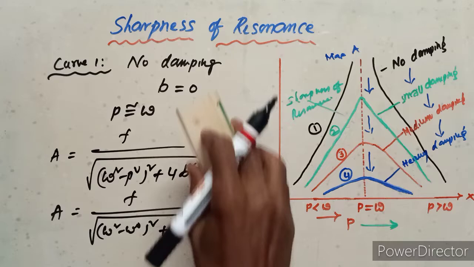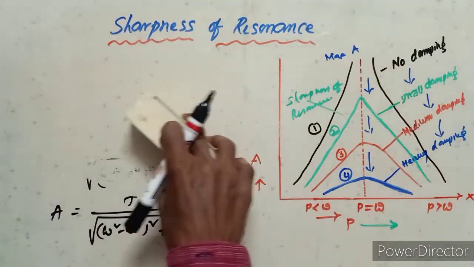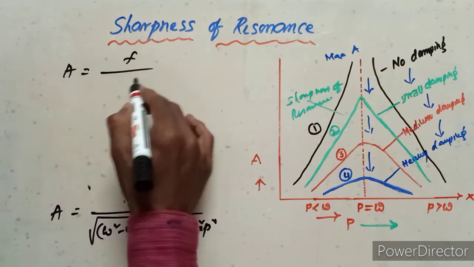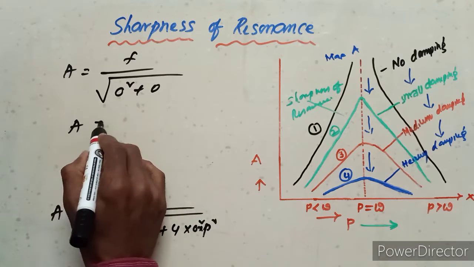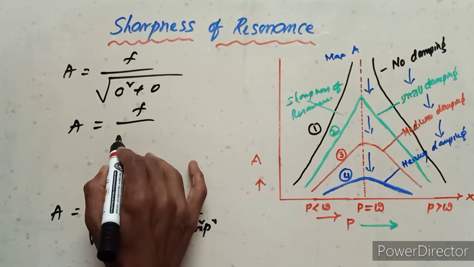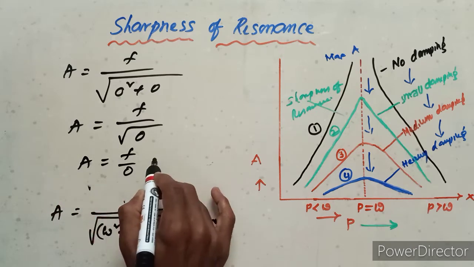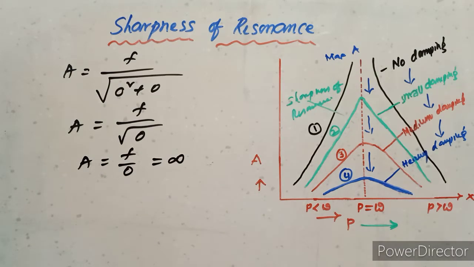So further simplification, amplitude A equals F upon the square root of 0 square plus 0, equals F upon 0. This is infinity. Infinity means large.